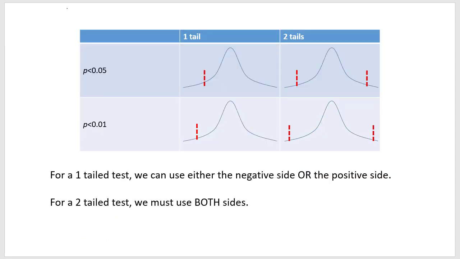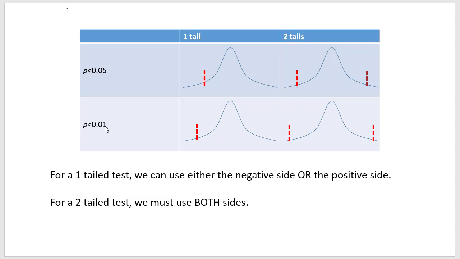When we talk about one-tailed and two-tailed tests, we also need to talk about probability. When you see something like p is less than 0.05 or p is less than 0.01, what we're saying is we will reject the null hypothesis if our result occurs less than 5% of the time, or p is less than 0.05.